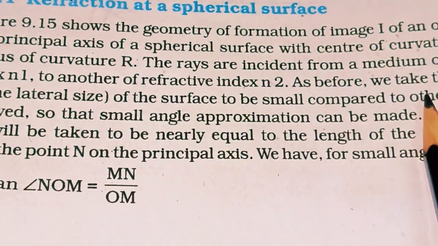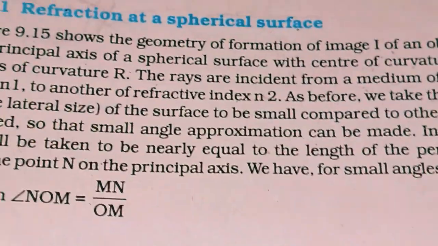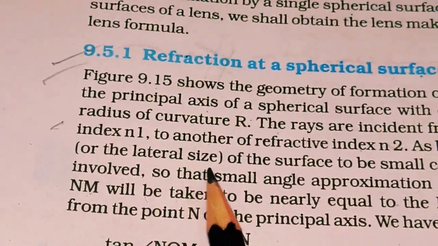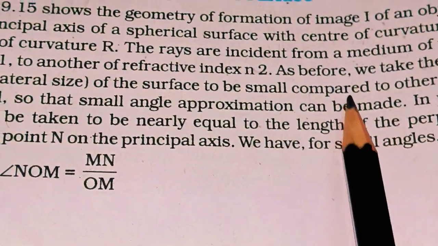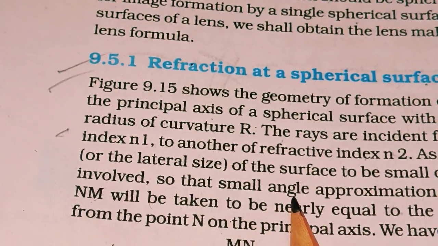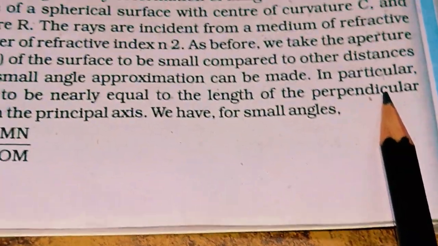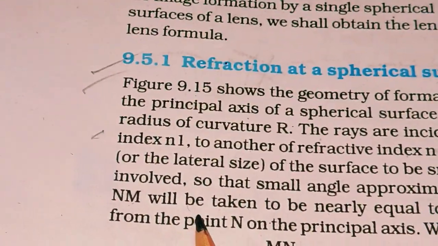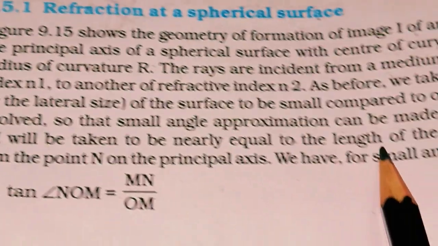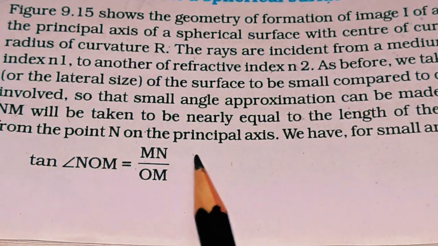As before, we take the aperture, or the lateral size of the surface, to be small compared to other distances involved, so the small angle approximation can be made. In particular, NM will be taken to be nearly equal to the length of the perpendicular from the point N on the principal axis.